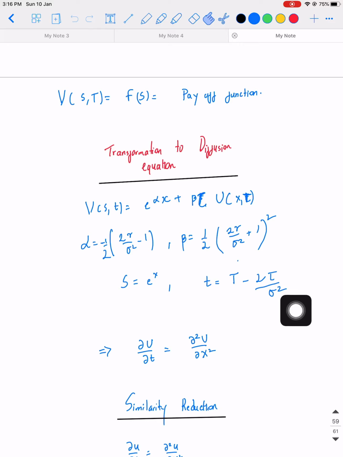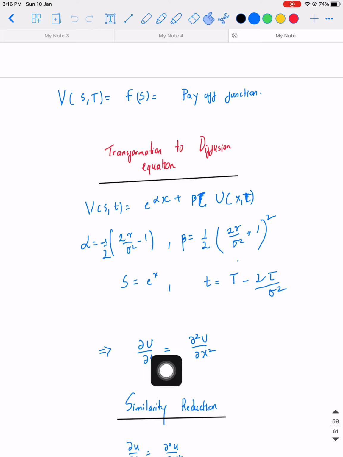Once I make these substitutions, I plug in s as e raised to x and t as big T minus 2 tau by sigma squared into v, and then whatever I get, excluding certain terms, solves this equation.